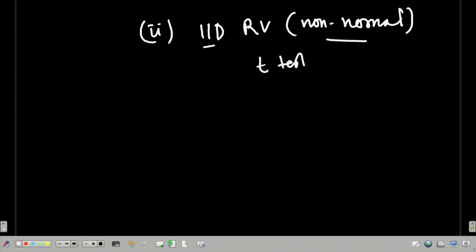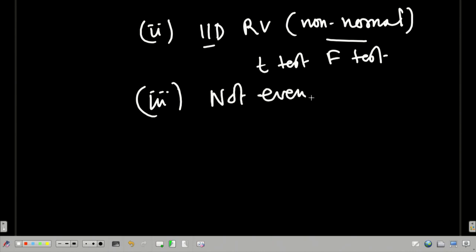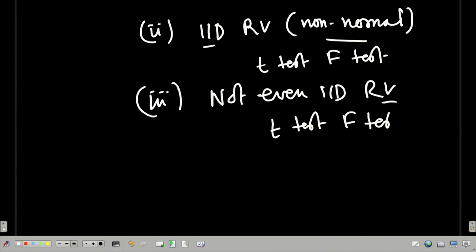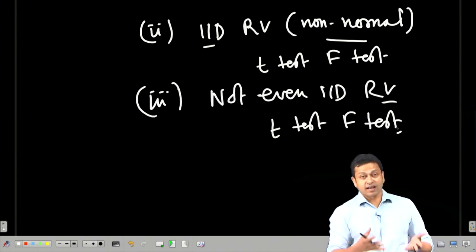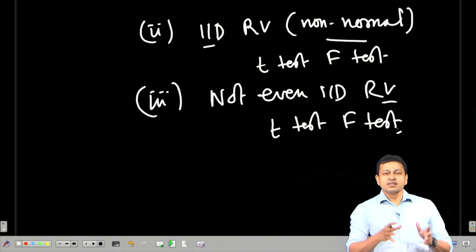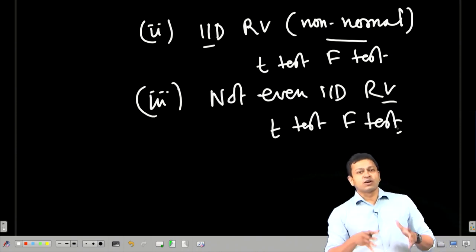Another case could be that it is not even an IID random variable, but if you have a very large number of observations, you can still perform your t-test and f-test. So, essentially your error term is either normal or it could be IID non-normal. In most cases, this is not a very big problem.